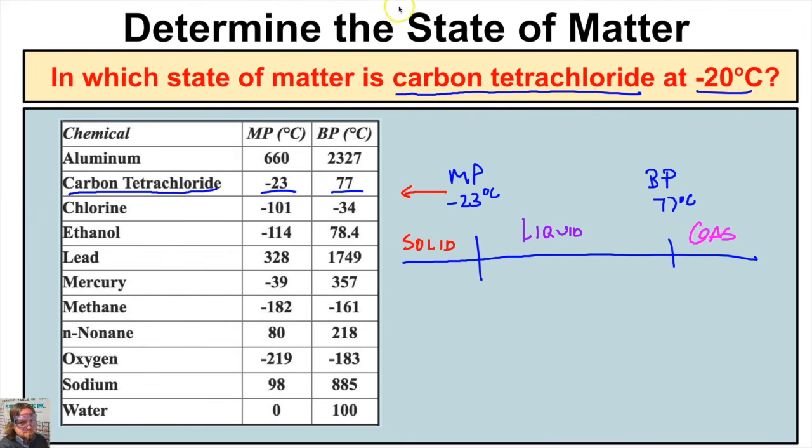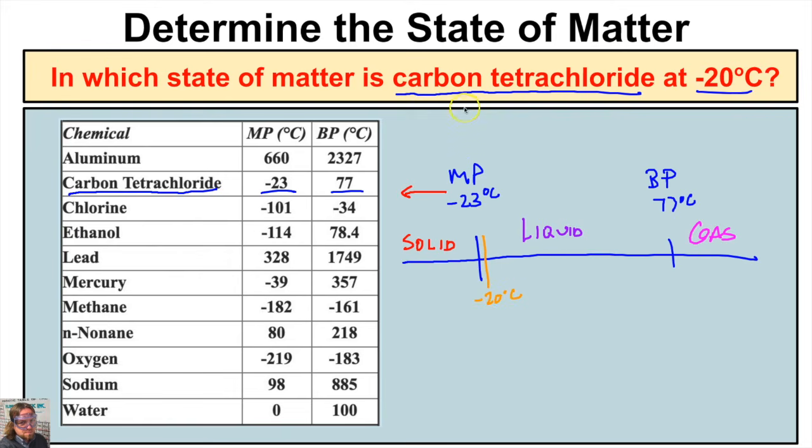And so what we have to determine on this number line is where is negative 20 degrees Celsius. So negative 20 degrees Celsius is actually going to be right around here on our little number line. And if you think about it, that should make sense. If we move to the left, then we're going to end up with negative 24, negative 25, and if we move to the right, we're going to end up with negative 22, then negative 21, and then negative 20 right here.